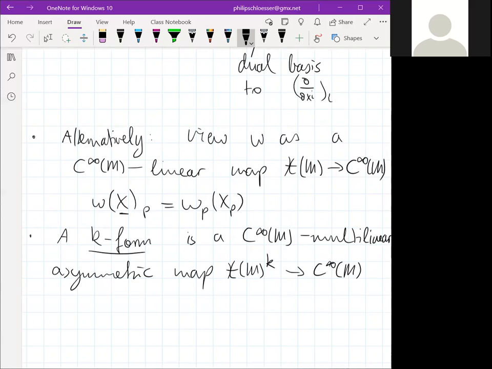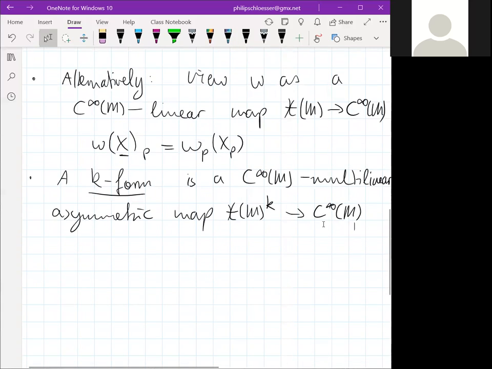Or in other words, it makes a scalar field out of k vector fields in an anti-symmetric way. And then we call omega k of M the set of all k forms.